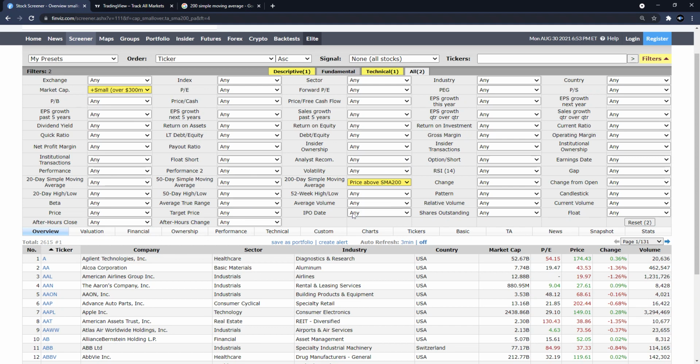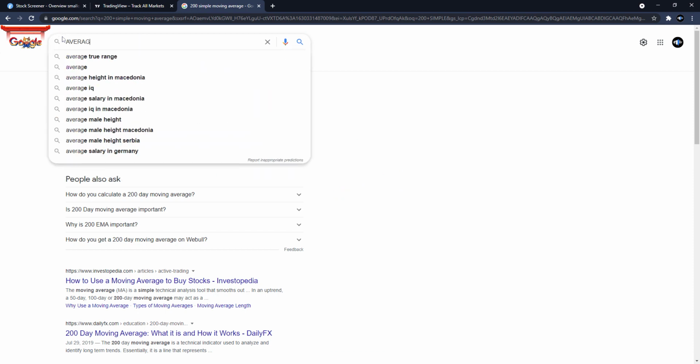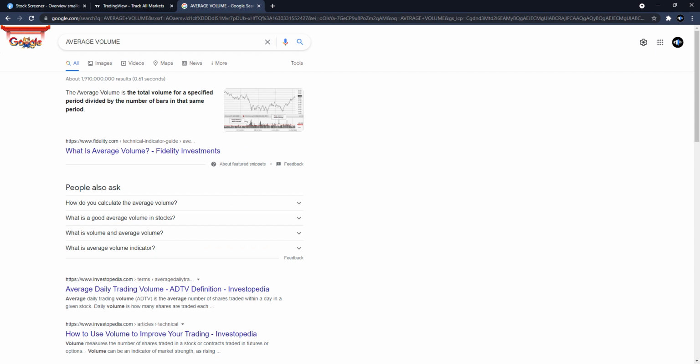What we want to look at next is the average volume, the average number of shares traded in the security per day. The average volume is the total volume of a specified period divided by the number of bars in the same period.